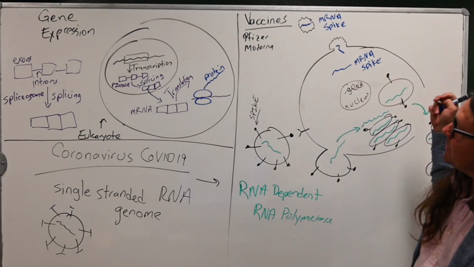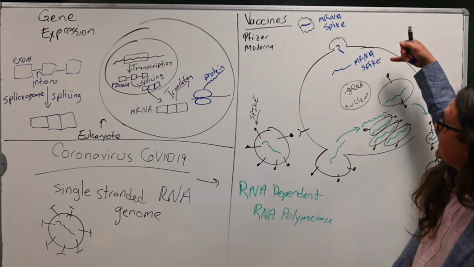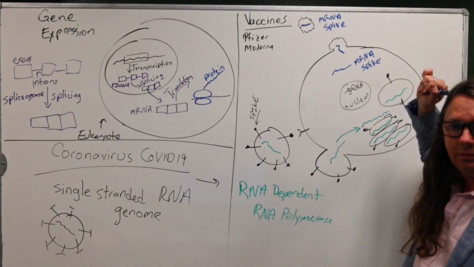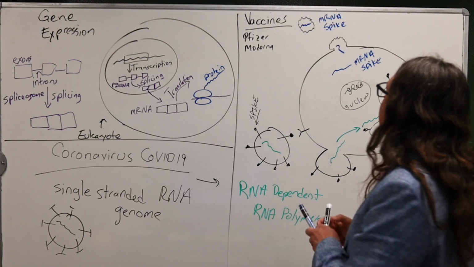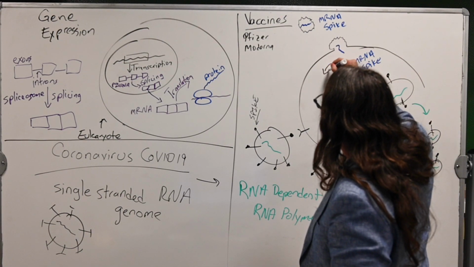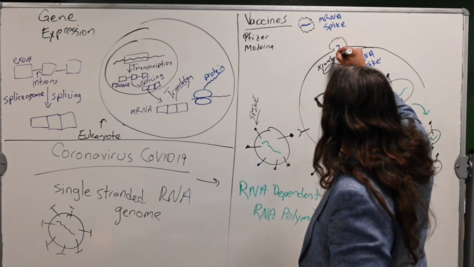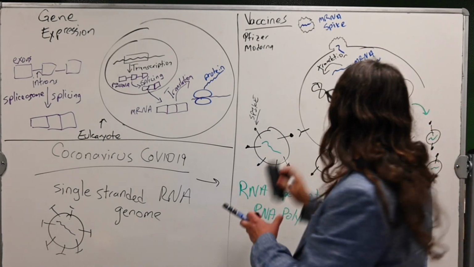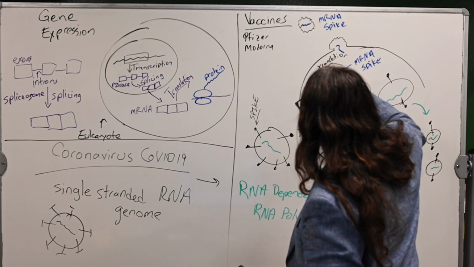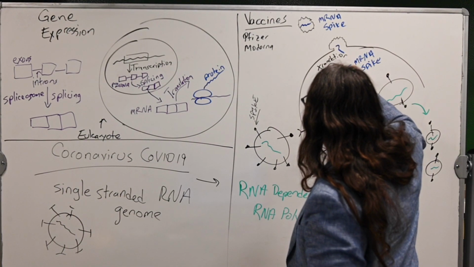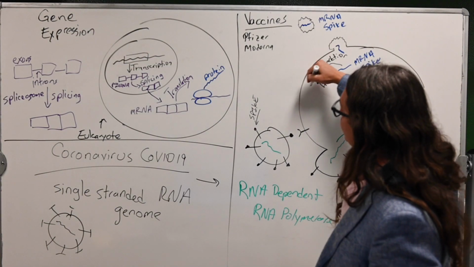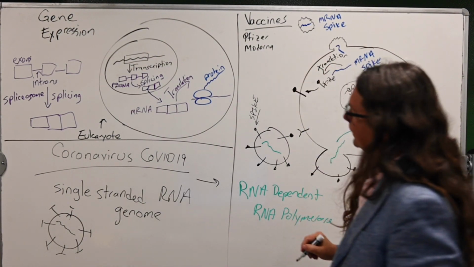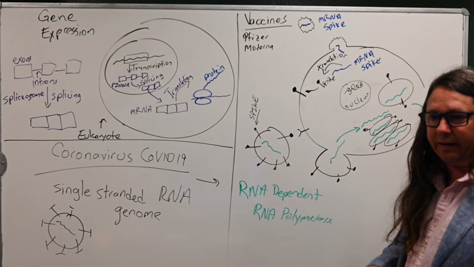Exactly. So we're basically doing like the virus and asking the cell to translate this mRNA for us. Right? And so we do that. We get translation, and we get spike protein. And that gets put on the surface of the cell. Okay, and now we can go fishing for antibodies.